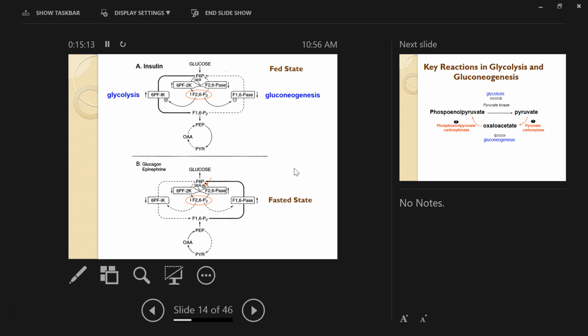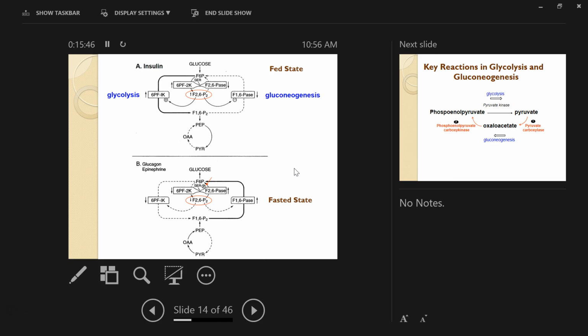So eventually, insulin in the fed condition will stimulate glycolysis activity and decrease gluconeogenesis activity, right? That makes sense. So there are several layers of regulation that regulate this pair of key enzymes in two different pathways, right? Is that clear? Any questions?